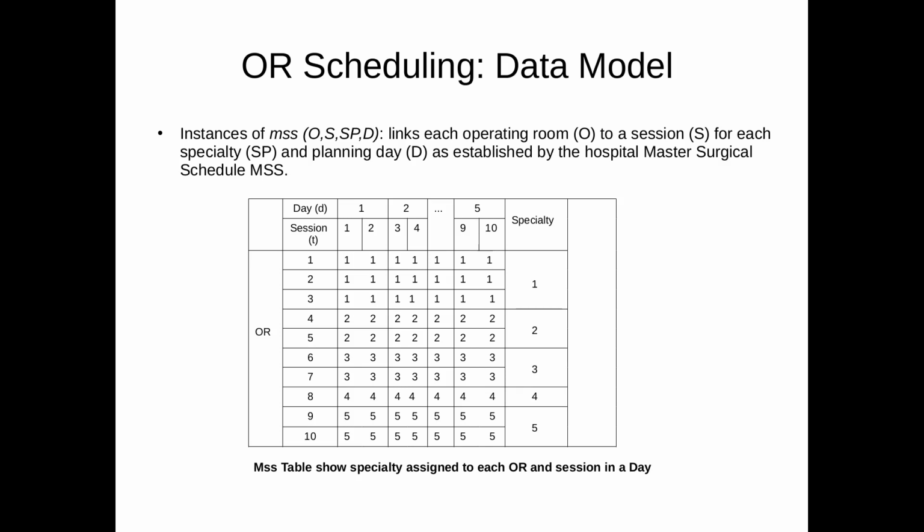So 3 operating rooms for specialty 1, 2 for specialty 2, 2 for specialty 3, 1 for specialty 4, because it's urology, so they have a dedicated operating room for that particular specialty, and 2 for orthopedics, so gynecology.